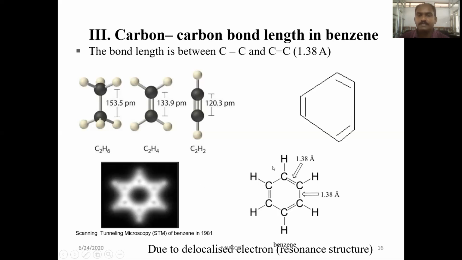Because of that, the double bond and single bond are converted to a bond length intermediate between 1.54 and 1.34, that is 1.38. So benzene has a bond length of 1.38, which is the same for all the carbon-carbon bonds.